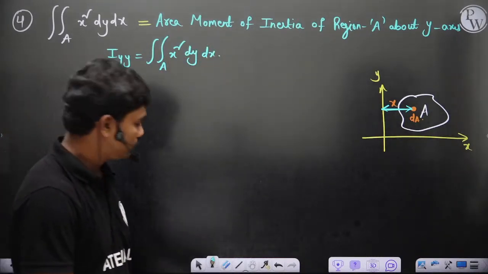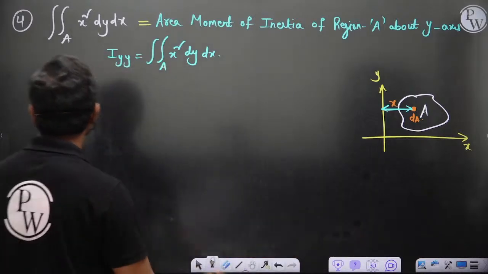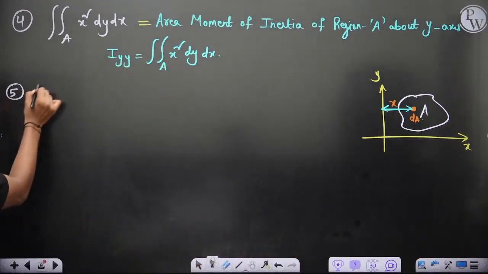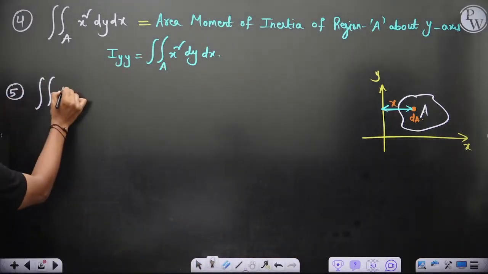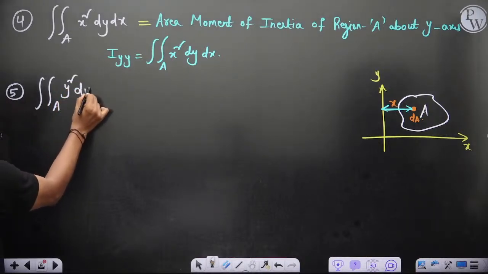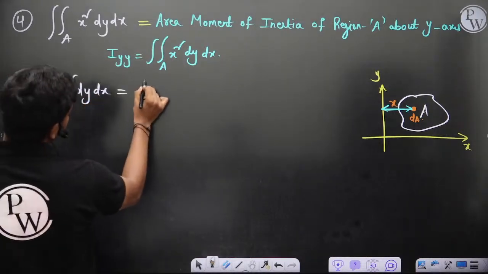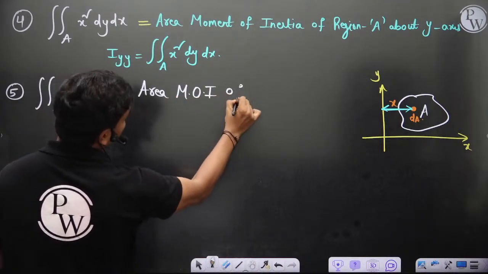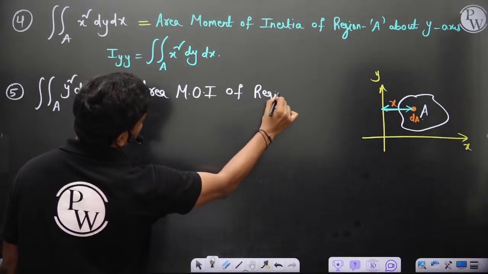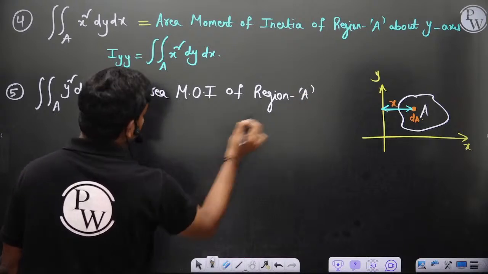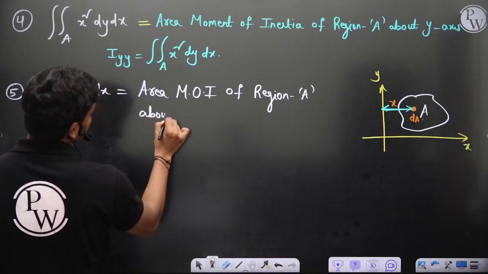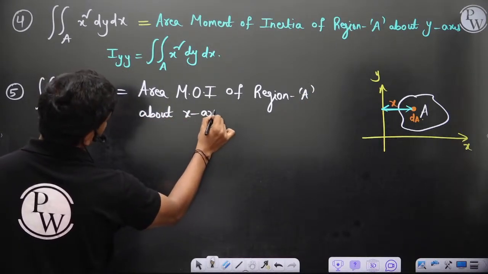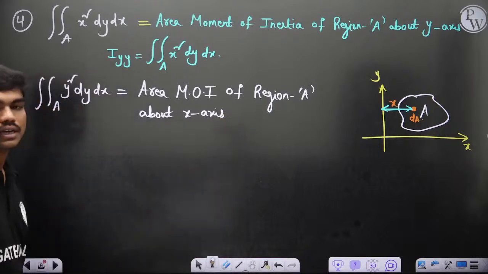Okay, so that's what you have. Then fourth, similarly, integral over A of y square dy dx gives you the area moment of inertia of region A about the x axis. Okay, so clear, this is about the x axis.